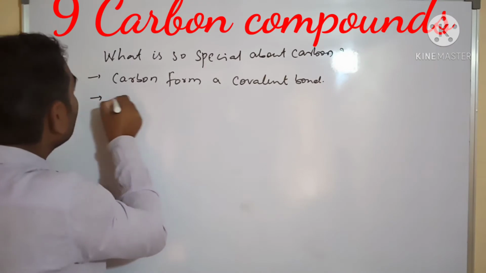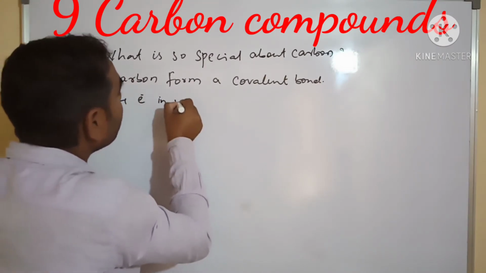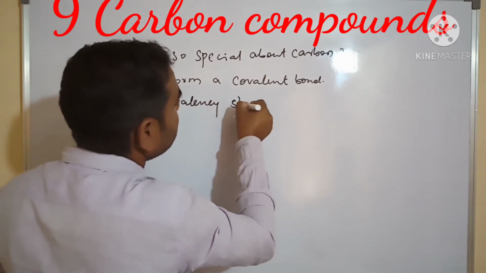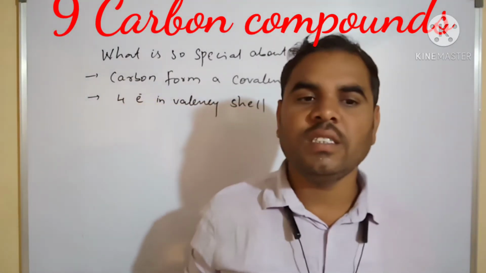Carbon has 4 electrons in its valency shell.